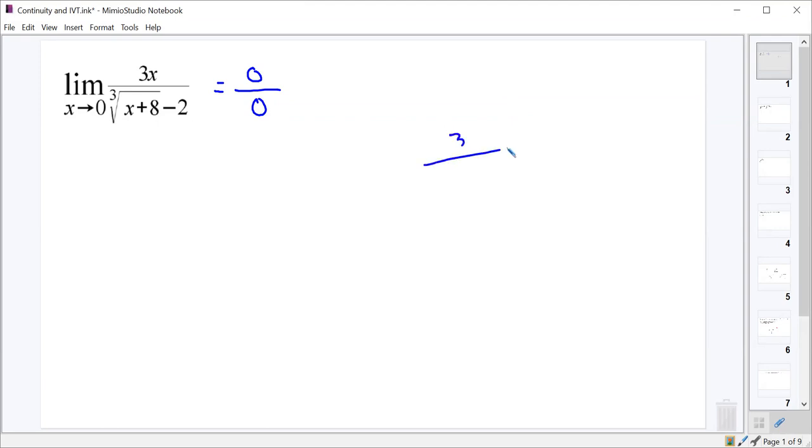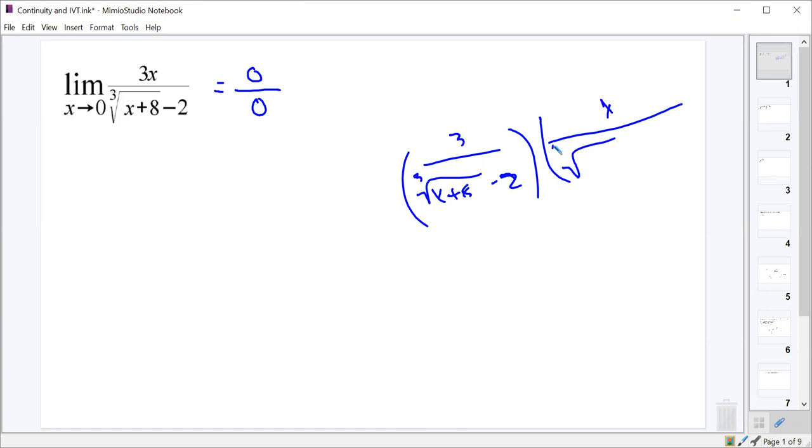As in like this? Yeah. So again, that's a good idea, but unfortunately it's not going to end up working out. Because if we try to split this into 2 separate limits this way, the first one is 3 over 0, which is undefined, and the second one is still 0 over 0, so it's still indeterminate. That's a good idea.